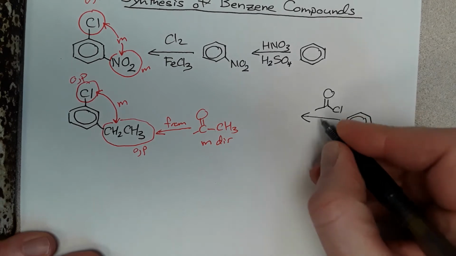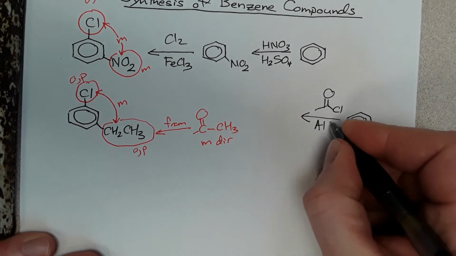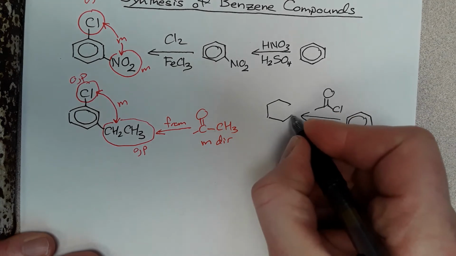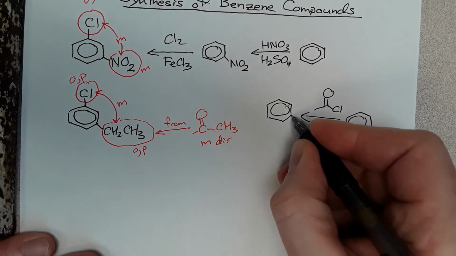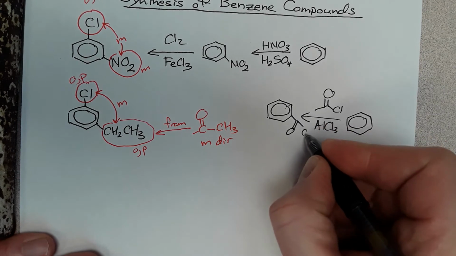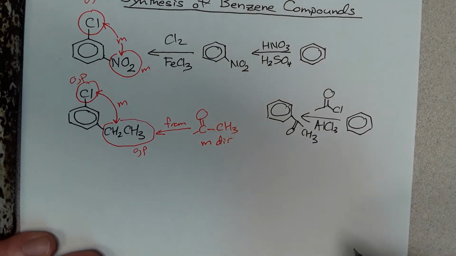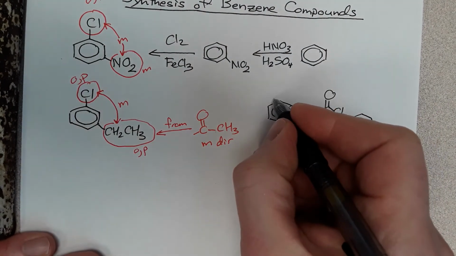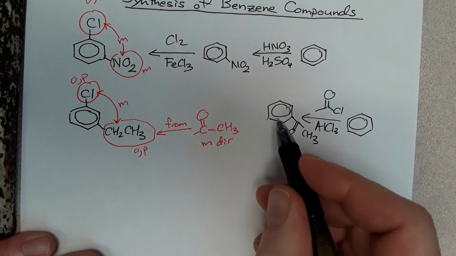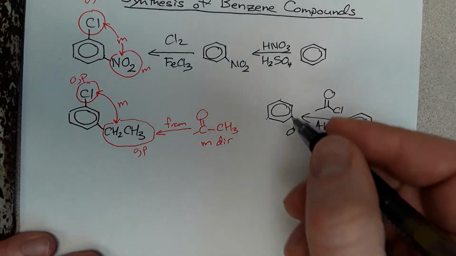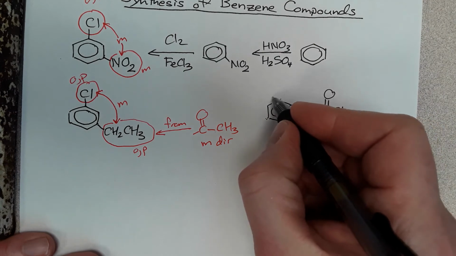So Friedel-Crafts acylation here, aluminum trichloride, and put the ketone on there. And then that is the meta director that's going to direct the chlorine into the meta position, and there's two meta positions here, and they're identical to each other. It's symmetrical, so you only get one product there.